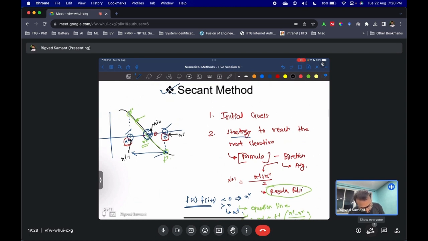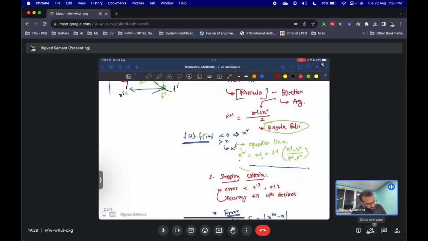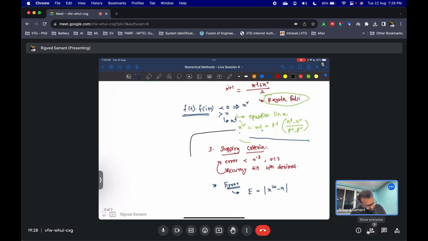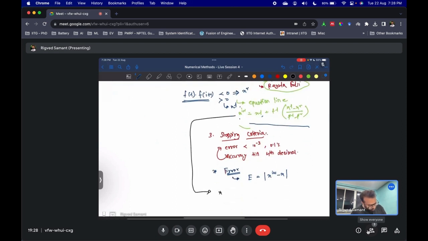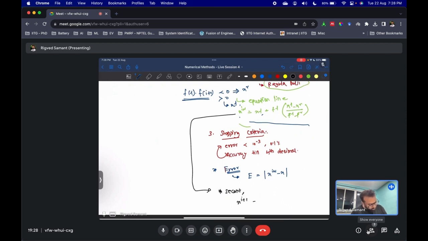Accordingly it becomes Fi minus 1 and Fi. For the secant method, the equation becomes Xi plus 1 is equal to Xi plus Fi into (Xi minus Xi minus 1) upon (Fi minus Fi minus 1).